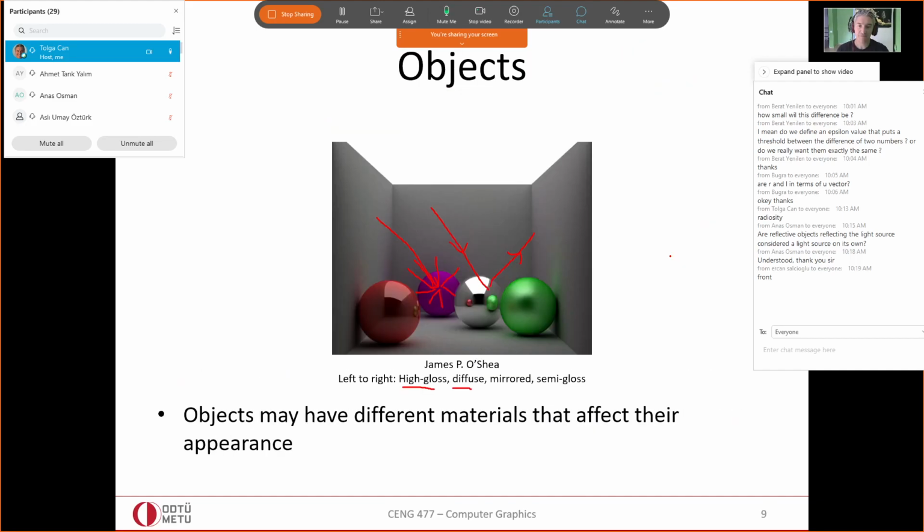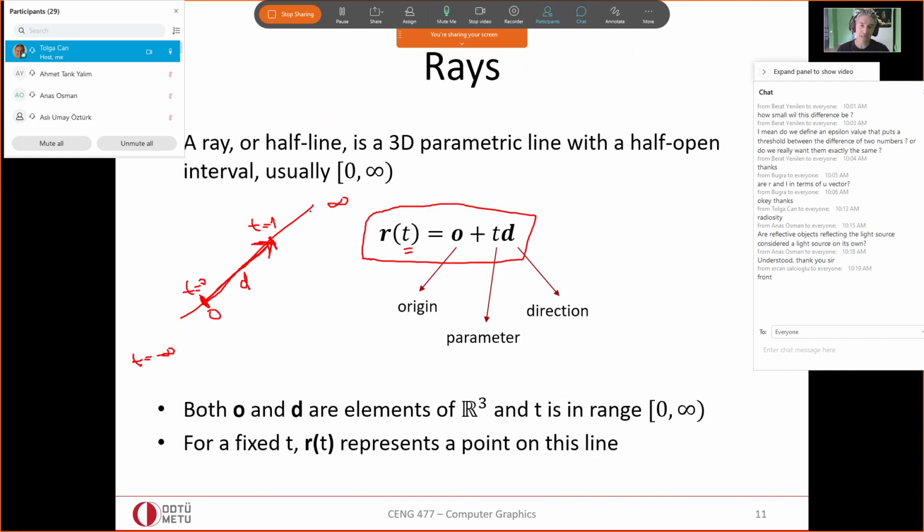Okay, so when we have a ray like this, any point on the ray can be identified uniquely by this parameter t. Although it's a three-dimensional line, with ox, oy, oz, dx, dy, dz, even a three-dimensional line is a one-dimensional object in 3D. Why do I say it's a one-dimensional object? Because if you were a person living on that line, your address would be just one scalar, t.